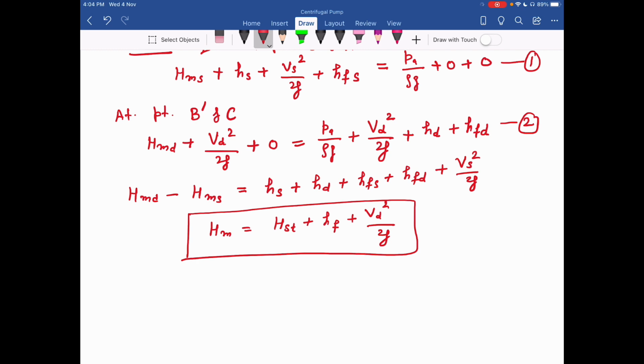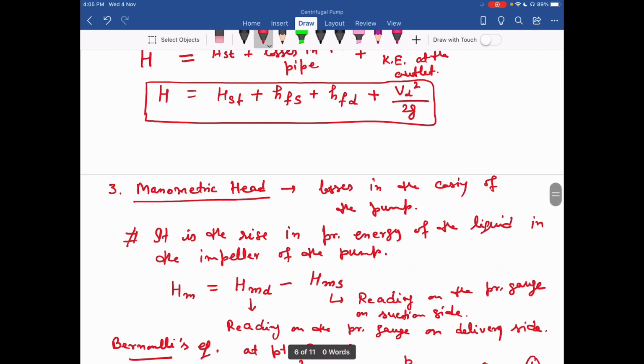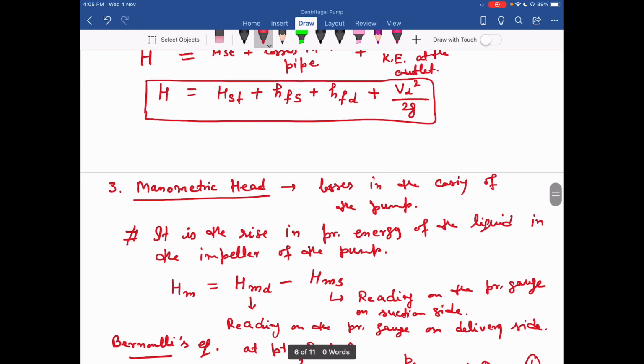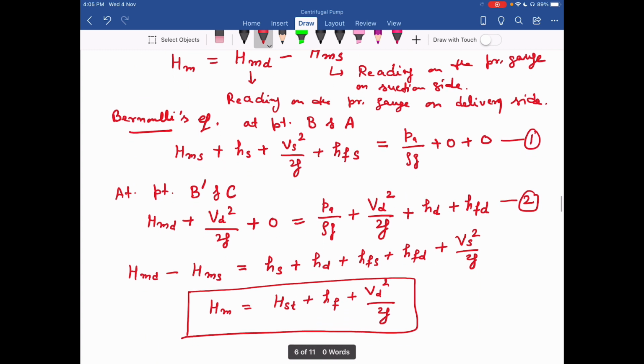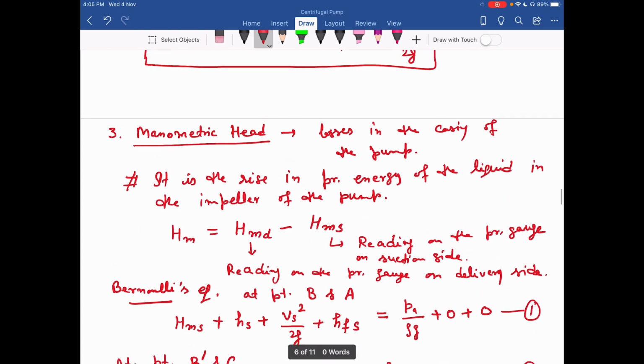Now the total head. You can see the formula for total head and the formula for manometric head. So now you can see the difference between these two. The difference is in the velocity head.